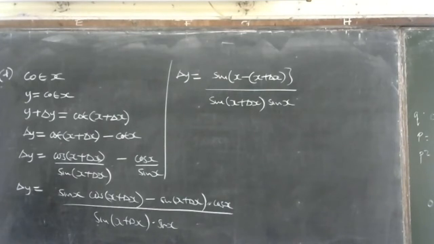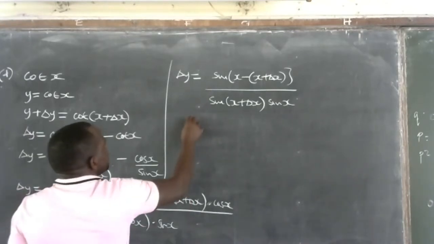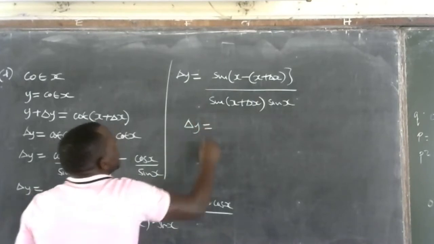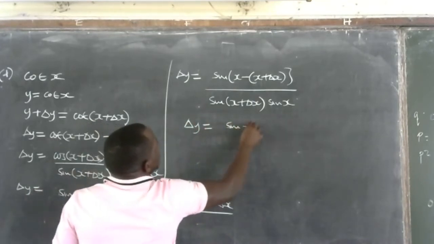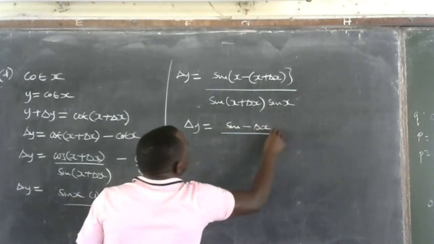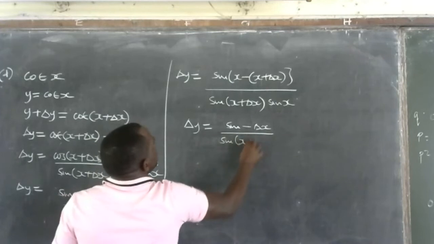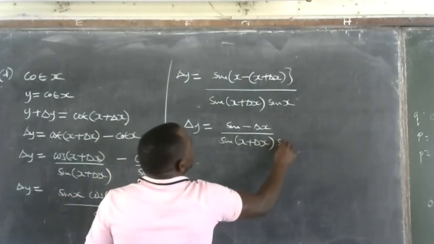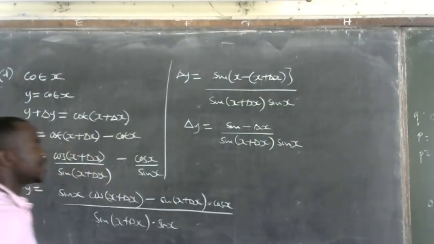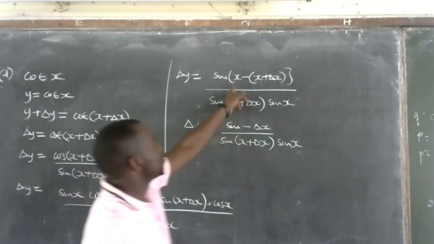Okay. Now this is your A, this is your B, which is sine A minus B, compound angles. But this should be in a bracket. Now when you simplify, this is what you get. You have change in y given by sine of negative change in x, divided by sine of x plus change in x, times sine of x. There's a negative change in x.